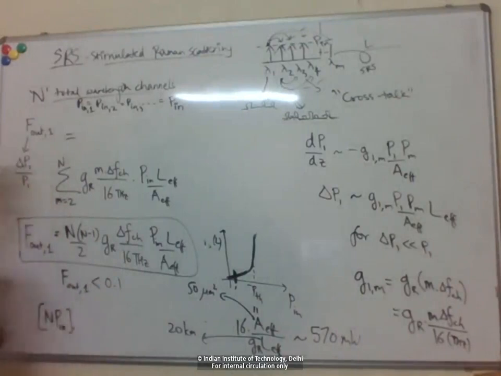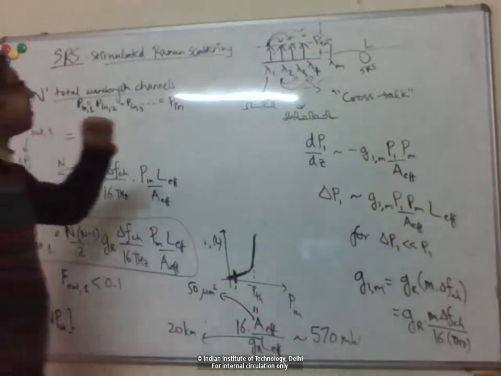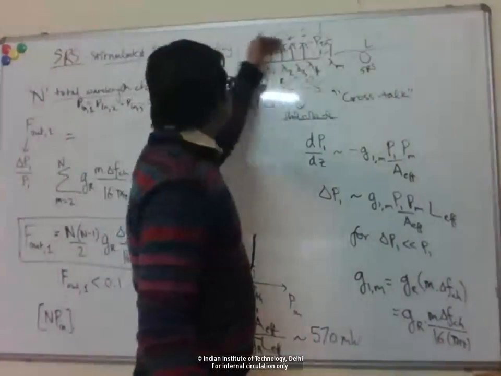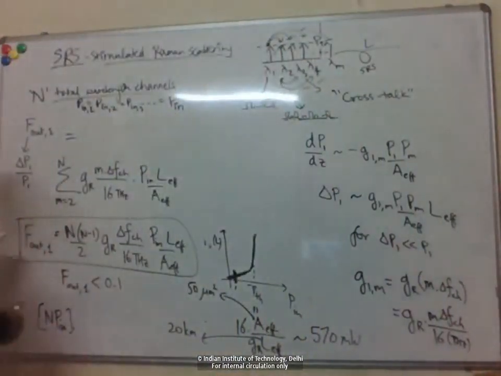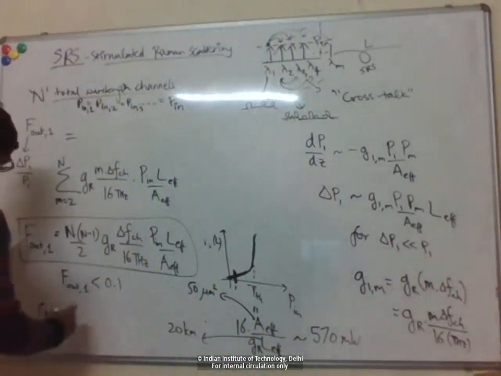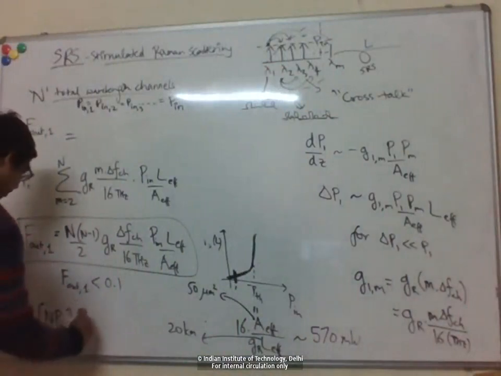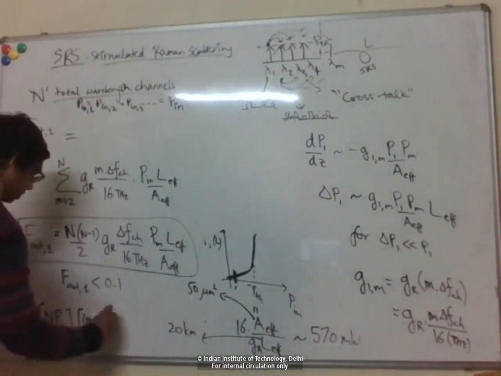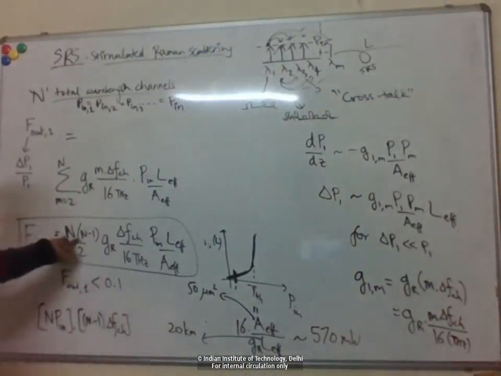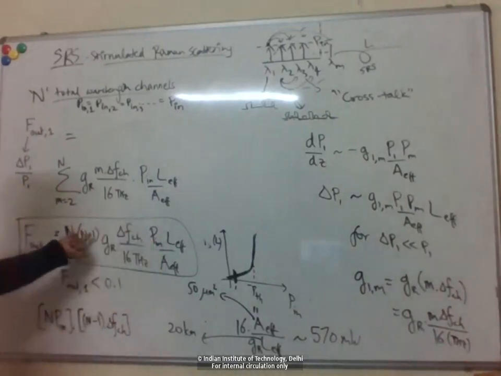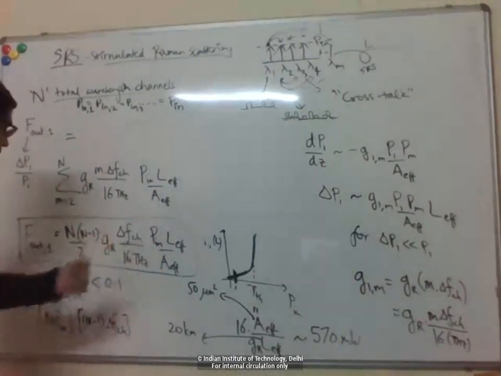so n times P in is the total power input, right? P in is the power per channel and n is the number of channels. So this is the total input power here. And then here we have n minus 1 times delta f channel. Okay, so basically n I've clubbed with P in, n minus 1 clubbed with delta f channel.